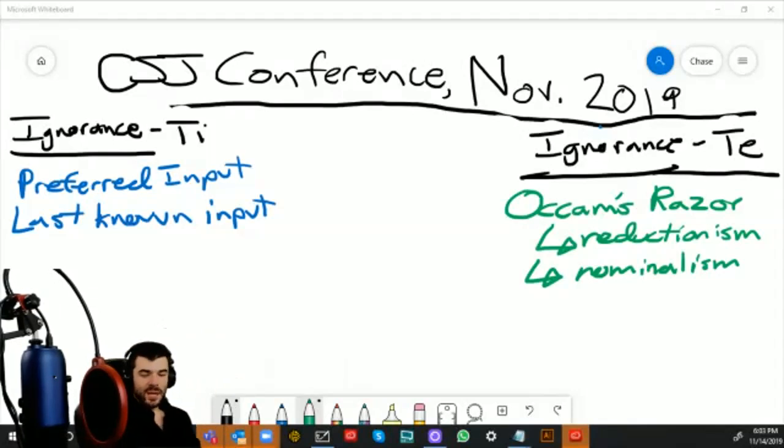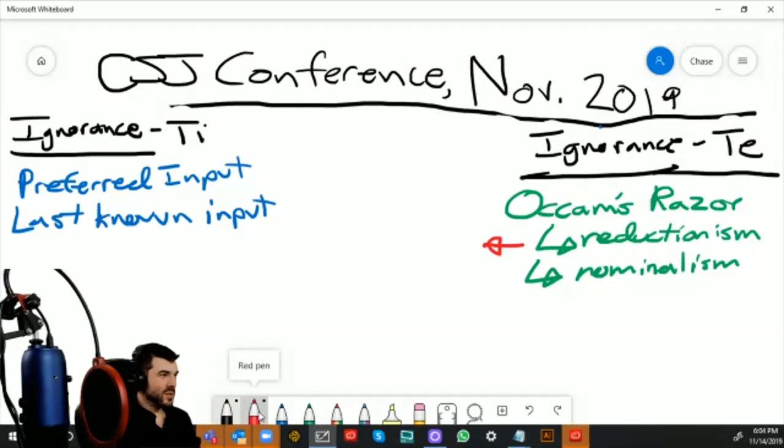It basically means that if this phenomenon is easily explained by this thing, then that is the most likely thing to be true. So that's what I'm going to believe, okay? Let's break that down a little bit.